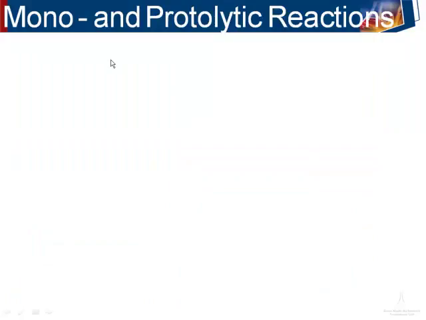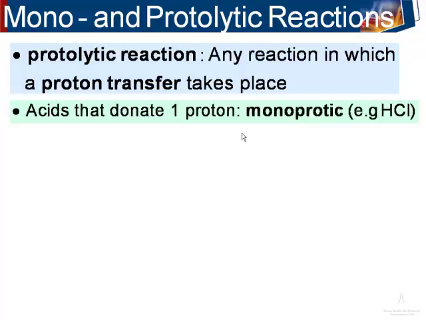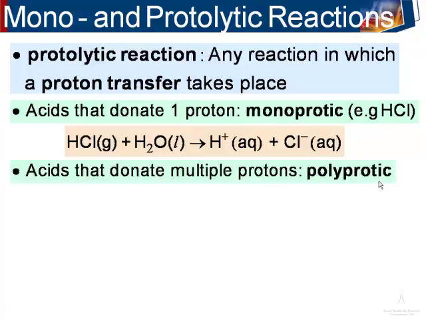Still on proton transfer, we have what we call protolytic reactions. A protolytic reaction is any reaction in which a proton transfer takes place. Acids that donate one proton are referred to as monoprotic acids. An example would be hydrochloric acid, which has only one proton to donate, so it's called monoprotic.